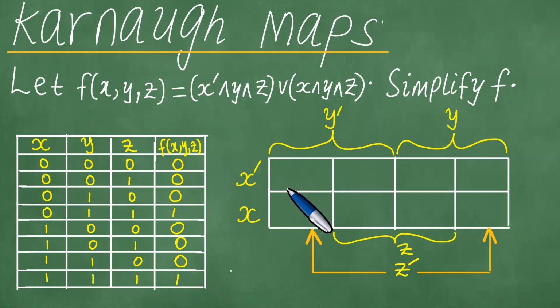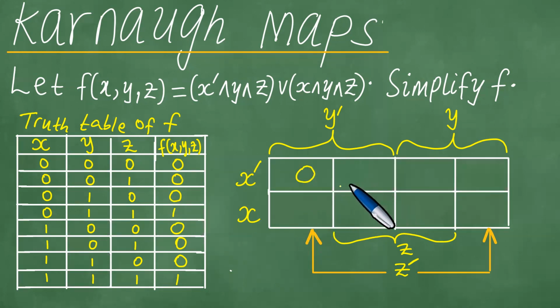Now we come to complete the Karnaugh map of F. This one here is the truth table of F. In this block here, you have not X, not Y, and at the bottom we have not Z, and that is the 0, 0, 0, and that means you put a 0 here.